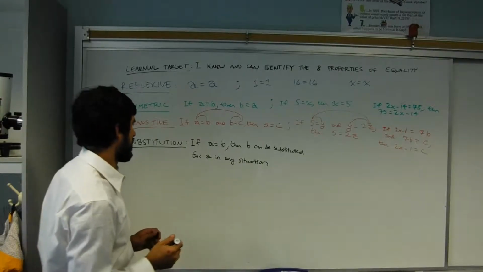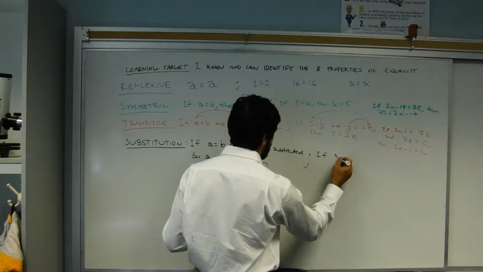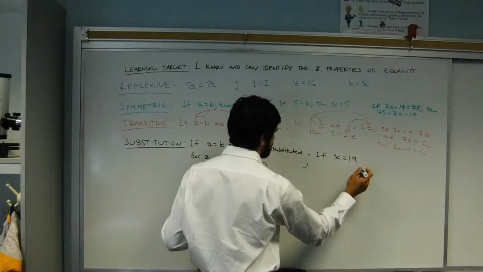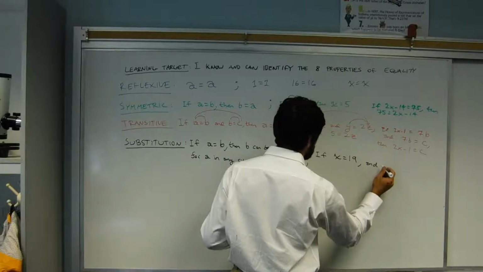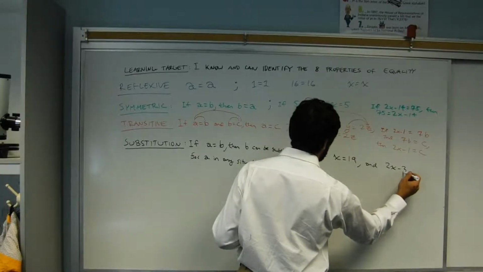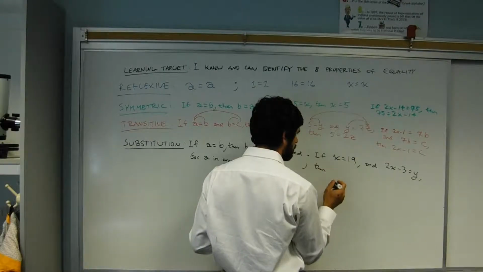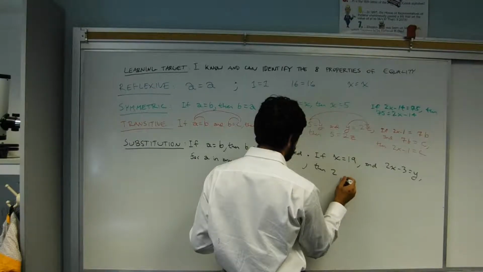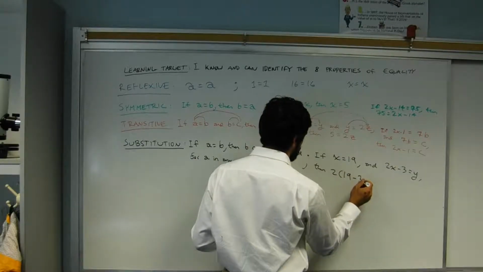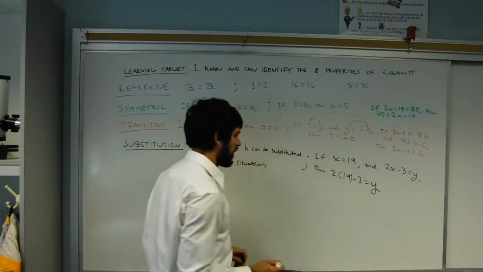So an example of this would be if x is equal to 19 and 2x minus 3 is equal to y, then 2 times 19 minus 3 is equal to y.